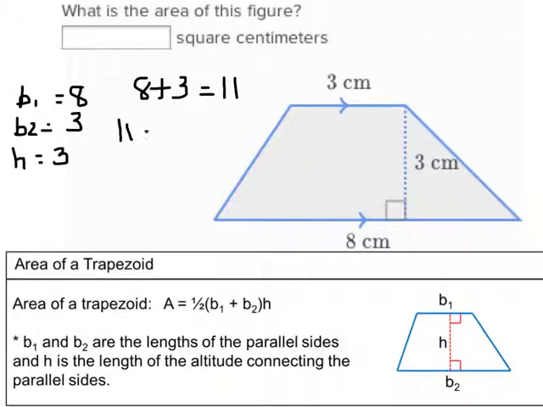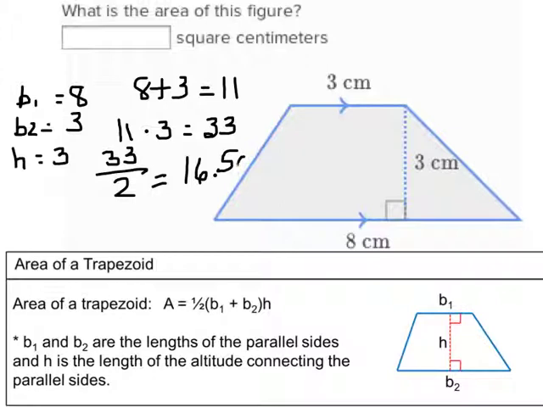So 11 times 3 is 33. And then we divide 33 by 2, and we get 16.5 centimeters squared. So 16.5 square centimeters, or centimeters squared.